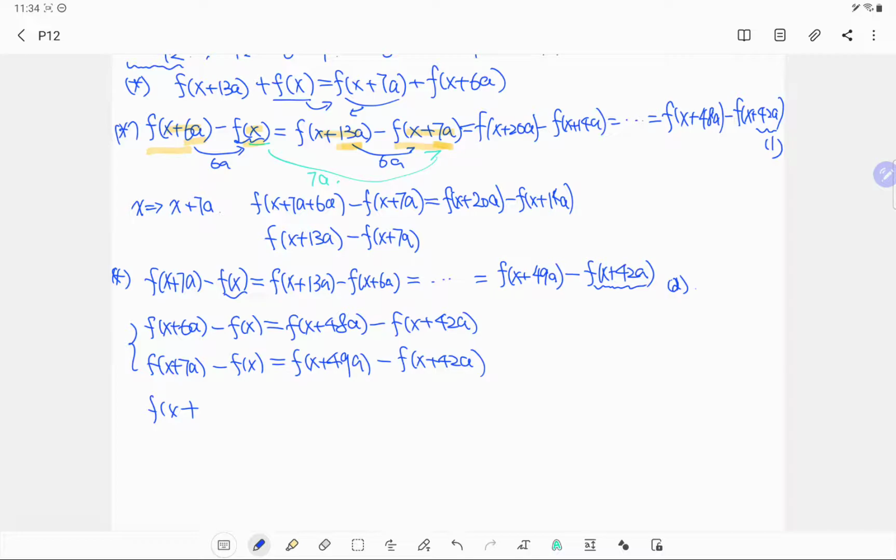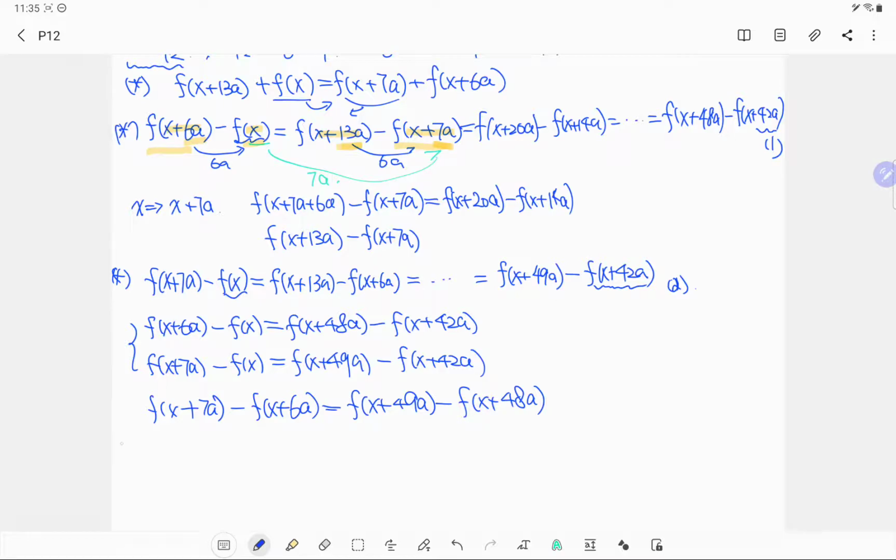We can just subtract the second one by the first one. So we get f(x+7a) - f(x+6a) = f(x+49a) - f(x+48a).